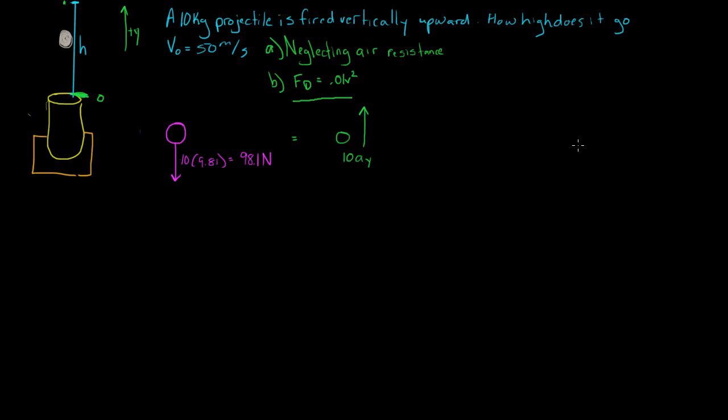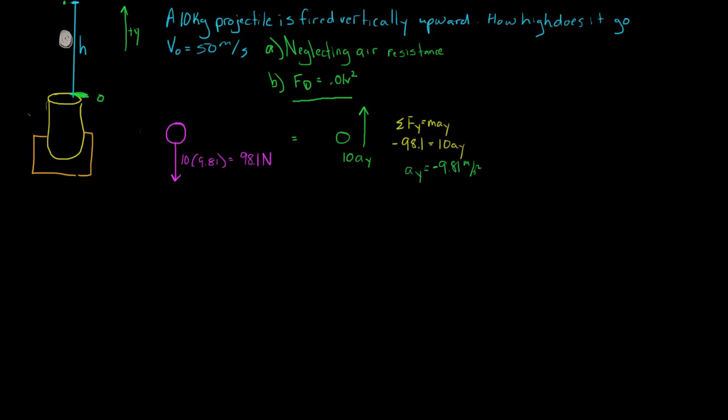Now, if we sum our forces in the y direction, the sum of the forces in the y direction is equal to mass times acceleration in the y direction, so minus 98.1 is equal to 10 times the acceleration in y. So we get our acceleration in y is equal to minus 9.81 meters per second squared.